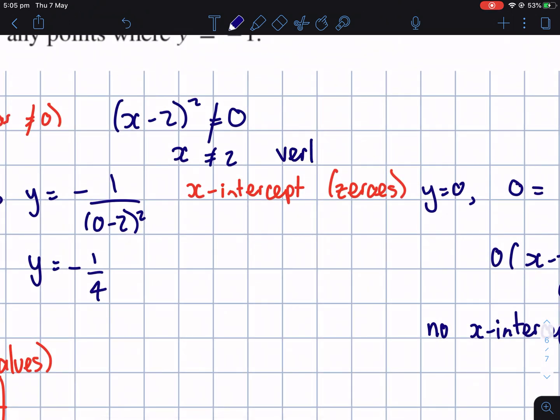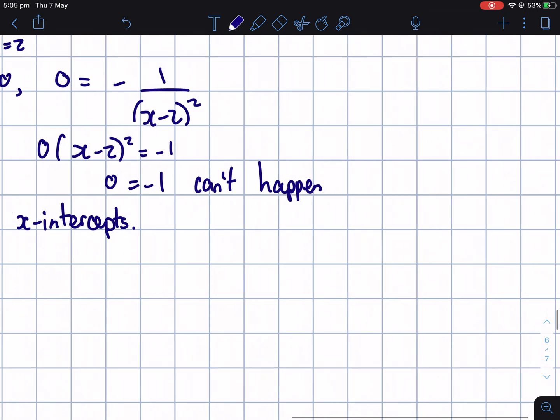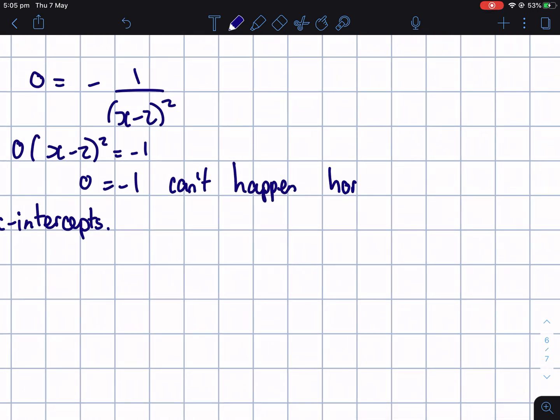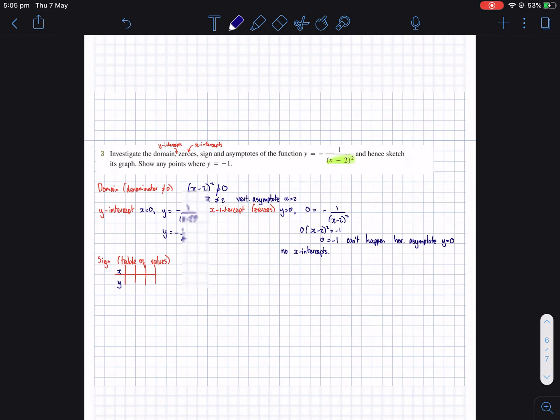This is a vertical asymptote, x equals 2. Because it couldn't happen, we have a horizontal asymptote, y equals 0.